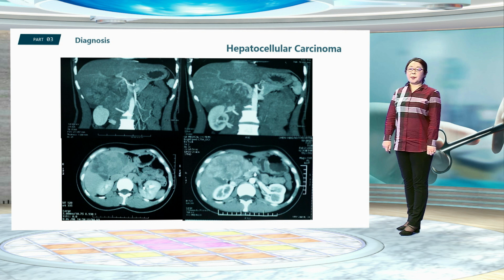We can see from the picture that typical vascular patterns on contrast-enhanced CT are enhancement on the arterial phase of imaging. It's on the right side. This is a wash-in phenomenon, and hypointensity compared with the surrounding liver in the venous phase is wash-out phenomenon on the left of the picture.